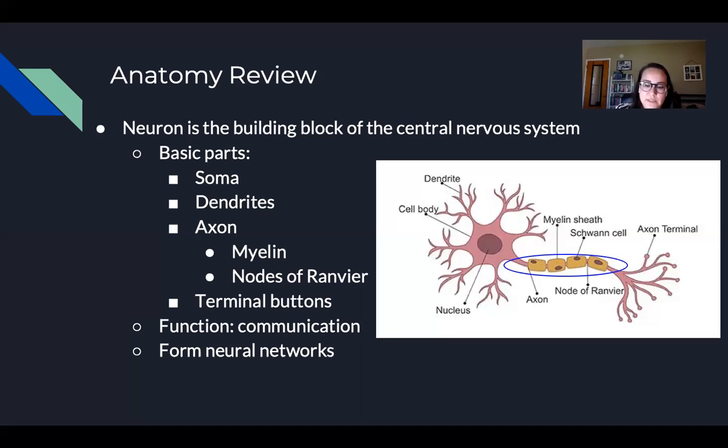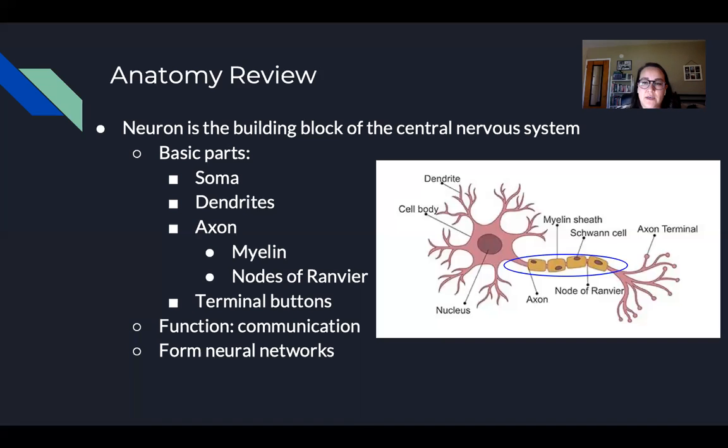Because it's wrapped around the axon, it's called a myelin sheath. As you can notice in this diagram, the myelin sheath isn't just one continuous structure, but it actually appears in segments. The gaps or the spaces in between these segments of myelin are called the nodes of Ranvier, which sounds really fancy.